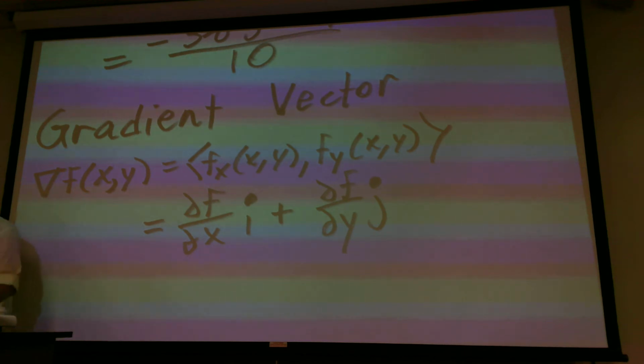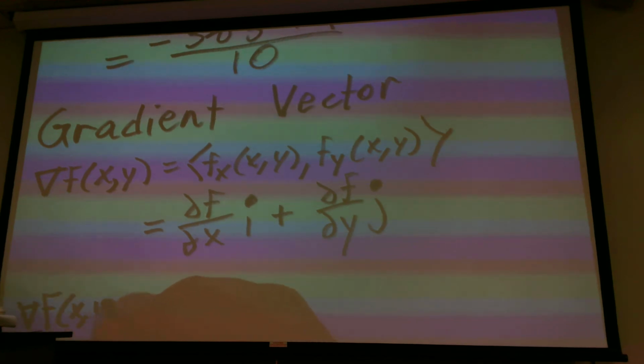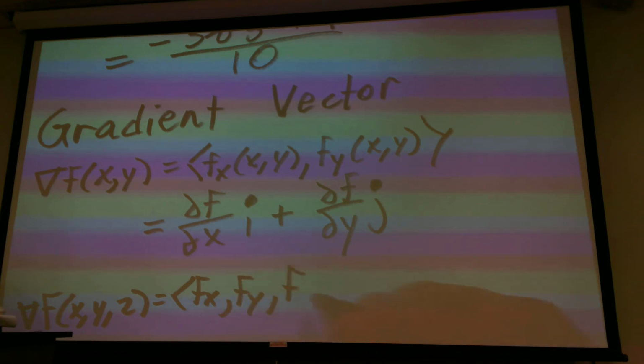Okay? If you want to write this in 3 dimensions, well, then the gradient vector of f of x, y, z is going to equal ⟨f sub x, f sub y, f sub z⟩.